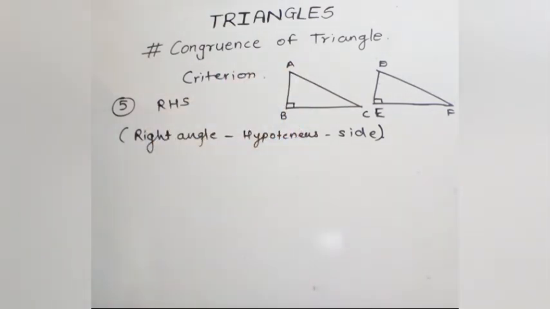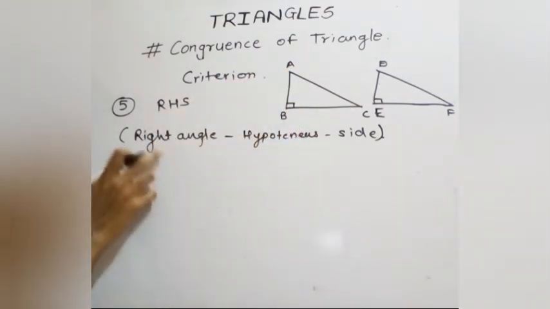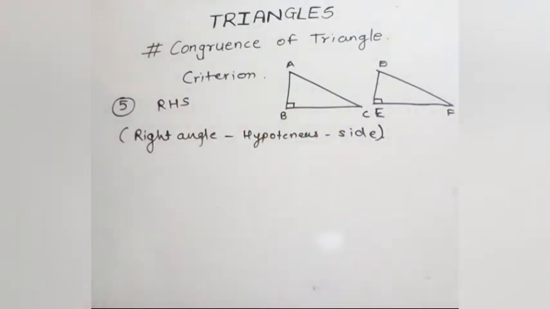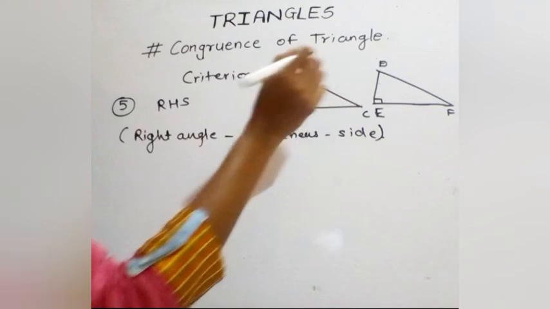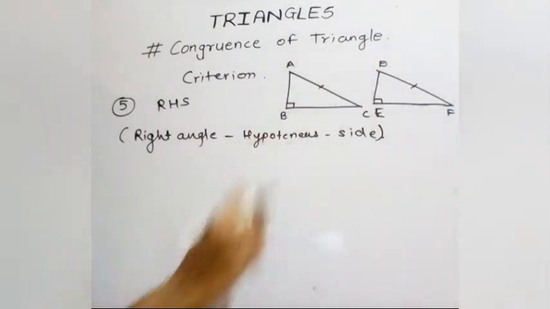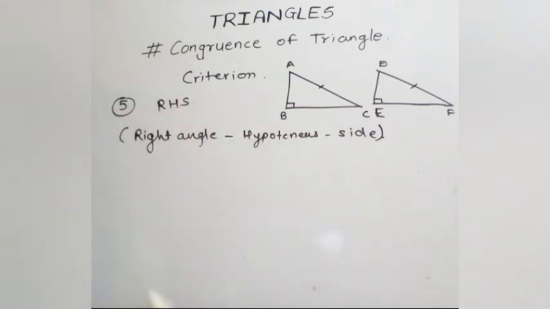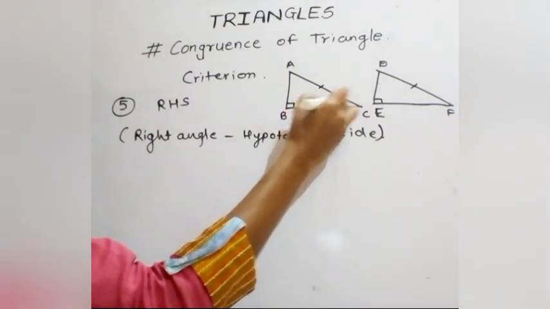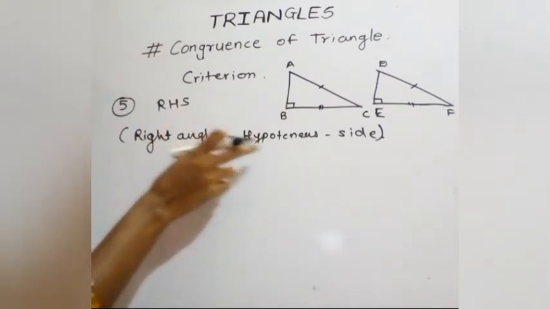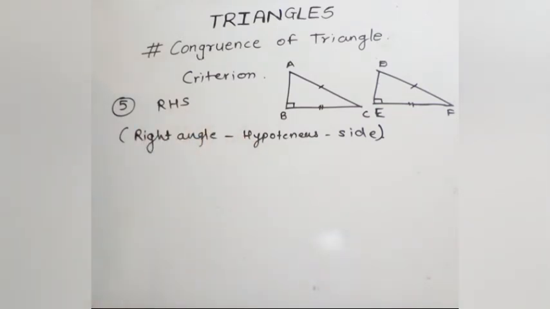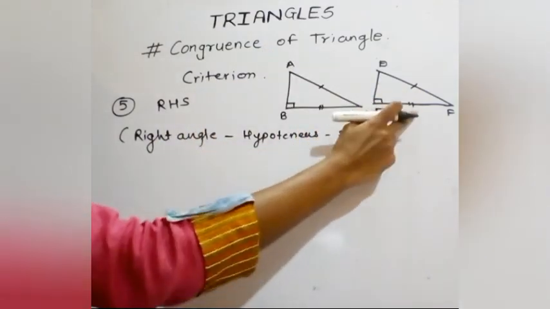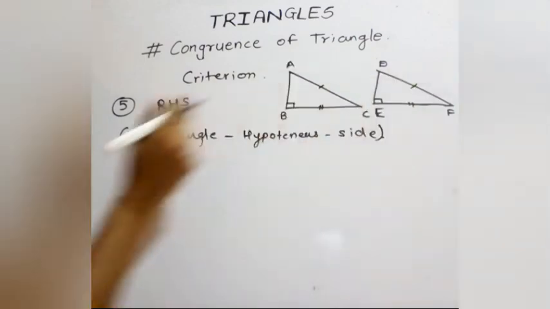So the right angle hypotenuse side criteria says that if the hypotenuse of one triangle is equal to the hypotenuse of other triangle, and one other side is also equal, then the RHS criteria is fulfilled. Let's say the hypotenuse of this triangle is AC and hypotenuse of this triangle is DF.